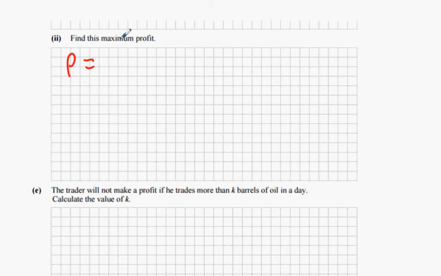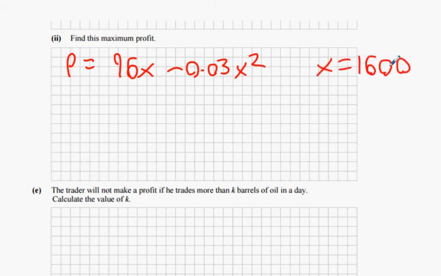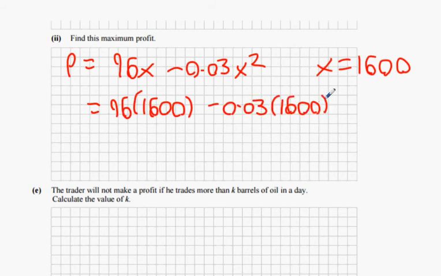Your profit is 96x minus 0.03x squared. Your x value is 1600, selling 1600 barrels to achieve maximum profit. Therefore, it's 96 times 1600 minus 0.03 times 1600 squared. Put all that into the calculator, and you find out that it's 76,800.